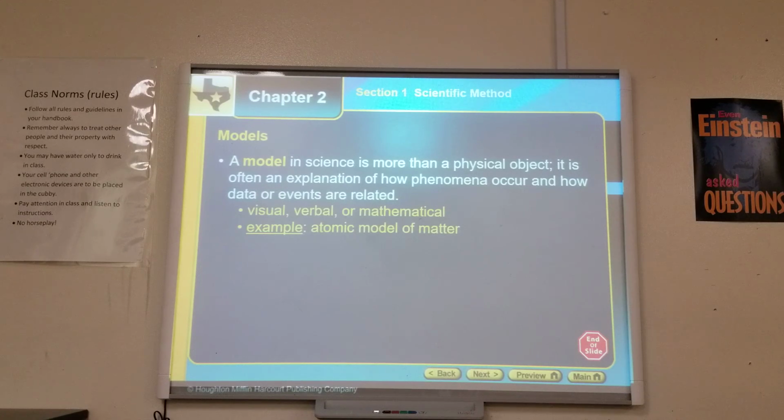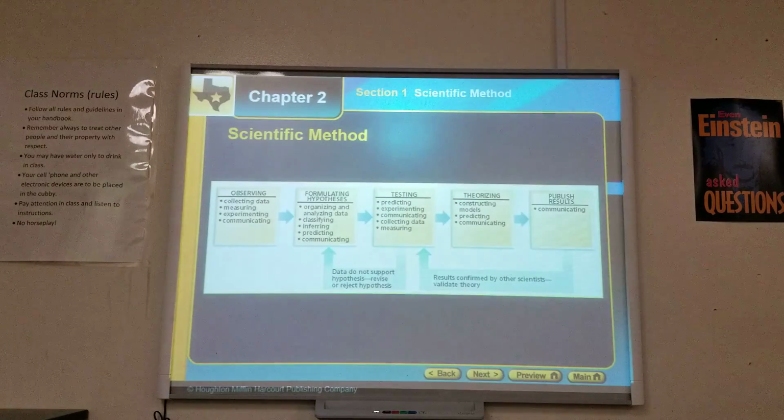It's just a vocab word, so you can check out the definition for that on your own. This is just a scientific method. It's a visual for it. Definitely helpful to look at that. You probably don't really need to write it down, but just remember how that thing flows.